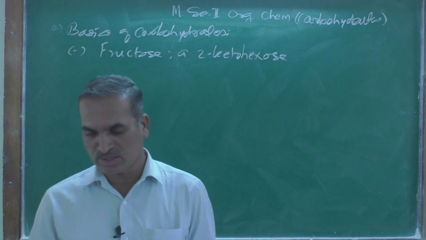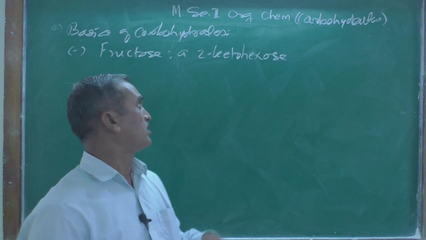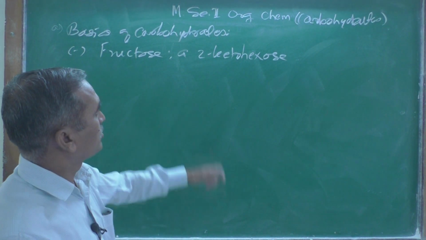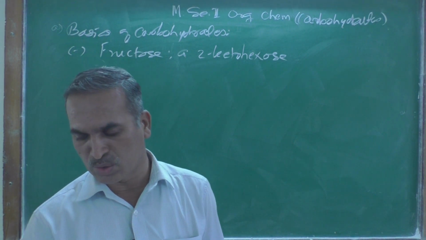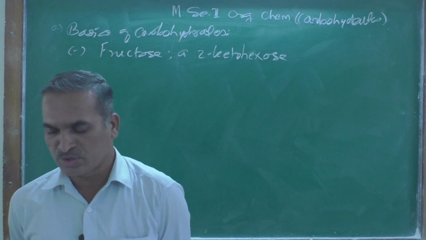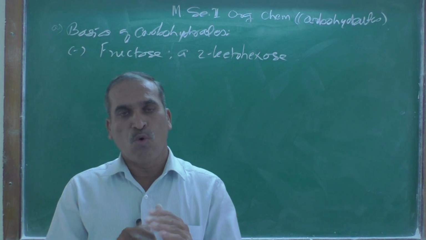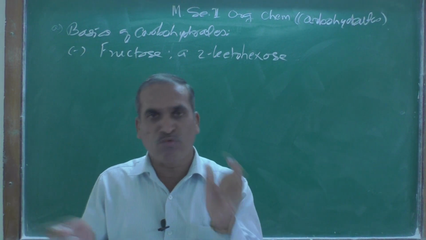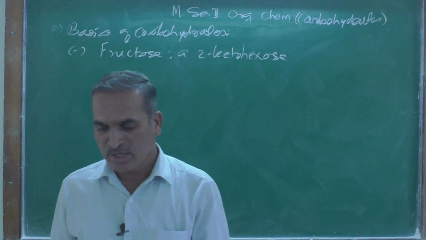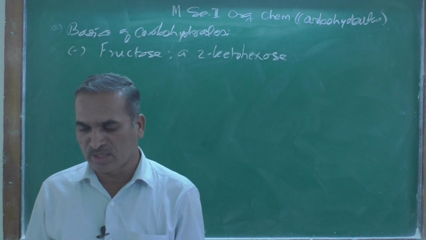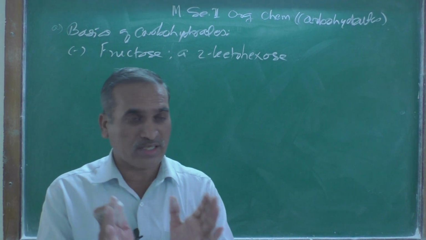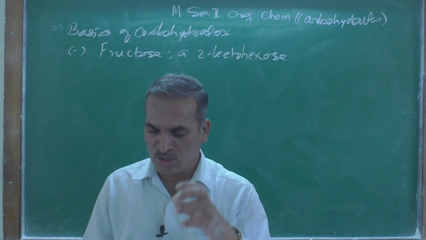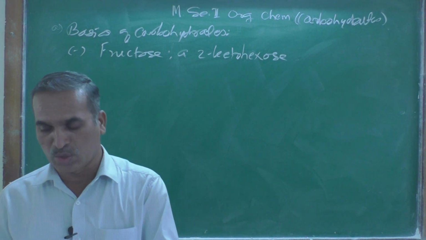Now let's see more about this minus fructose, or 2-ketohexose. The most important ketose is minus fructose, which occurs widely in fruits and is combined with glucose in the disaccharide sucrose, the common table sugar.